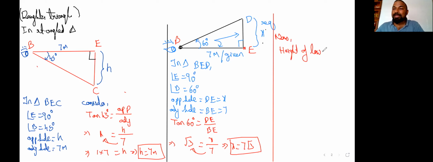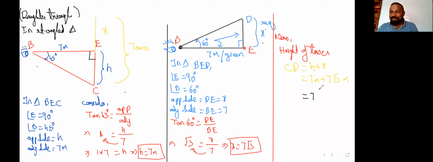As we have seen, the tower is this total, which is H plus X. H we got as 7 meters, and X we got as 7√3 meters. Let us simplify that.